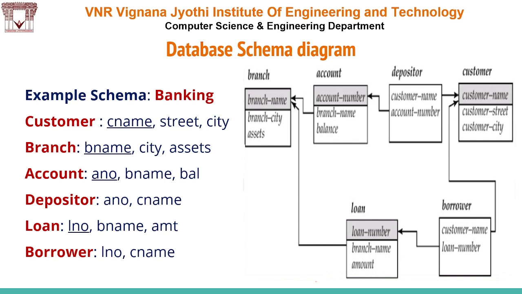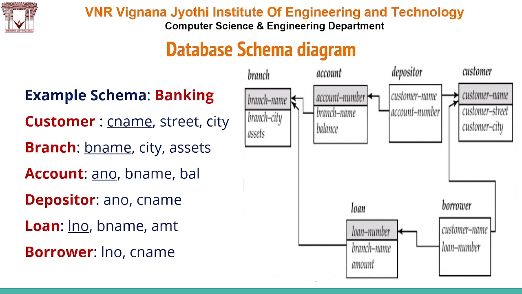Now the schematic representation of the data. Let us take this particular example of a banking enterprise wherein the tables or relations in this database schema happen to be customer, branch, account, depositor, loan, and borrower. In this application, every customer who would like to be associated with a bank should have an account.